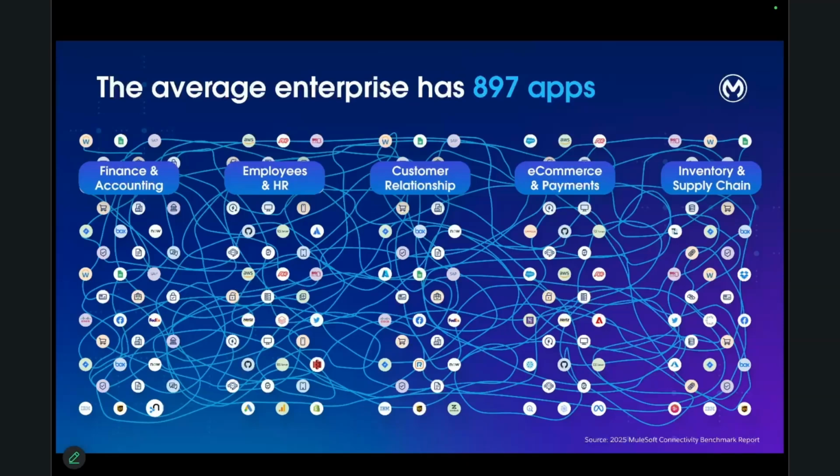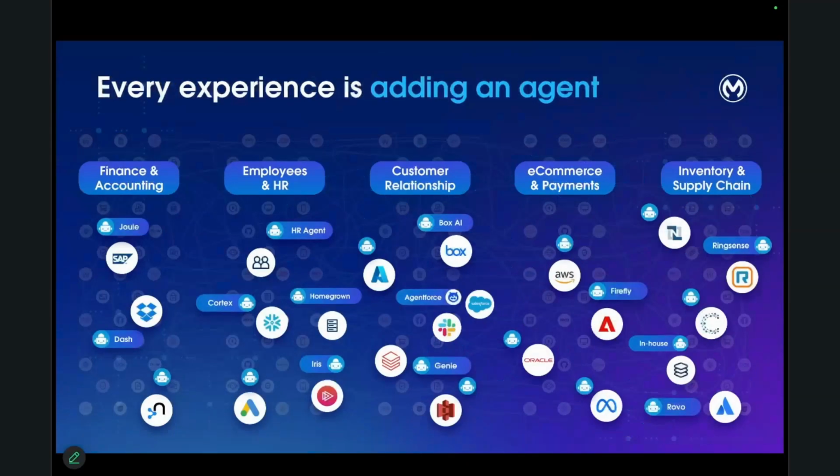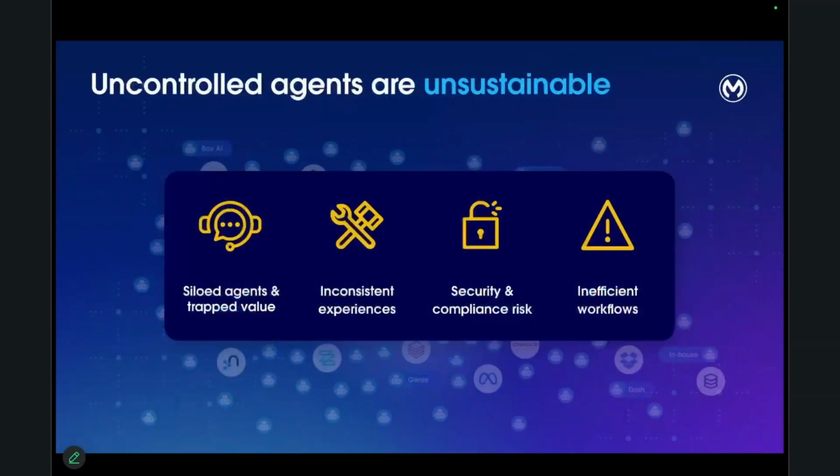The problem with respect to AI and agents is that every one of these applications is now adding an agent, whether it's SAP with Joule, Salesforce with Agentforce, Workday, ServiceNow, all of these applications that you run your business on are introducing agents. Now, the challenge with that is that these agents are all built with different styles.